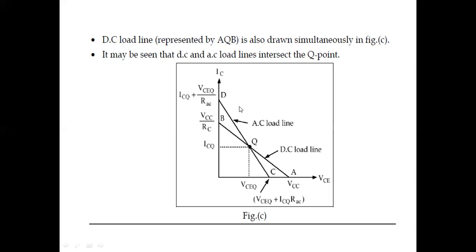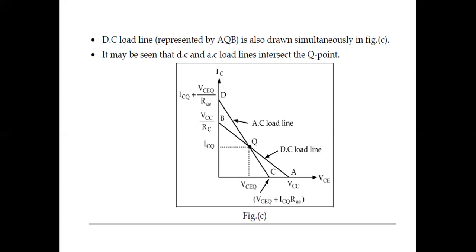So for the AC load line, point C is represented as VCE comma 0, where VCE is given as VCEQ plus ICQ into RAC. RAC is given as the parallel equivalent resistance of the parallel connection of RC and RL.